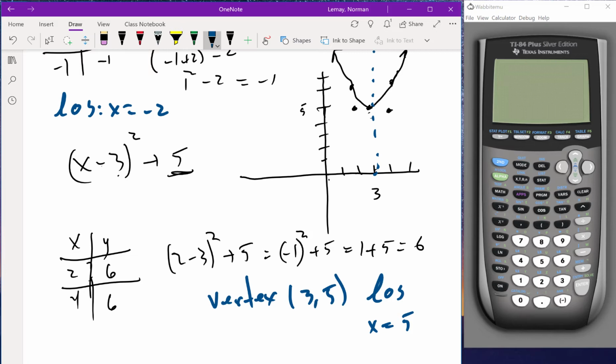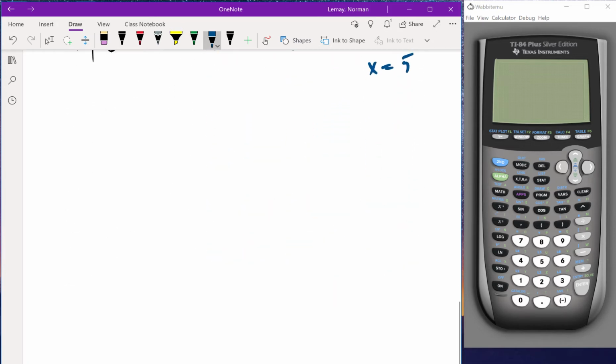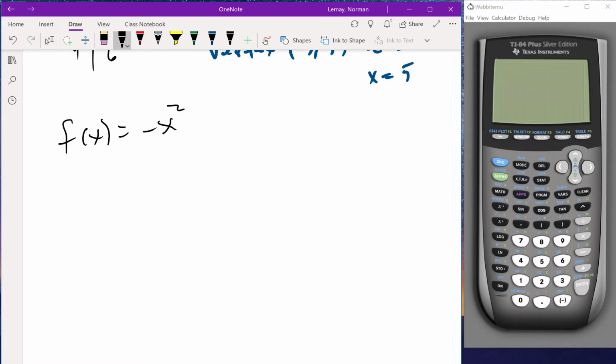Okay, so now what I'd like to do is to take a look at what happens when we have f of x equals negative x squared. So let's take a look at what a negative out front does, and see if we can't come to some kind of generalization here. All right, so let me clear this. Let's go up here to y, and instead of this one I'm just going to clear and go negative x squared.